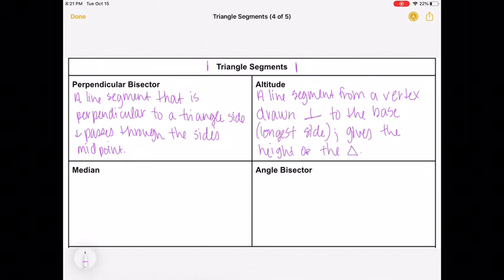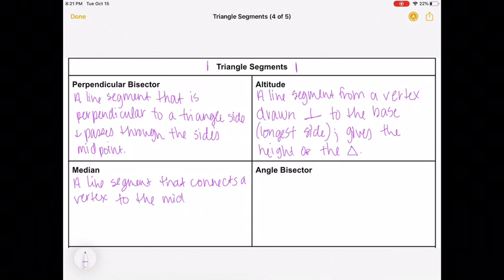Right. Okay, next is the median. So this is a line segment that connects a vertex to the midpoint of the opposite side.